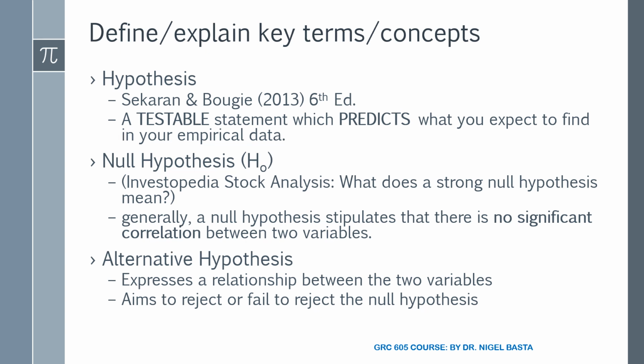It is also worth mentioning here that the main aim of the alternative hypothesis is either to reject or fail to reject the null hypothesis. Now let us take a look at our four hypotheses.